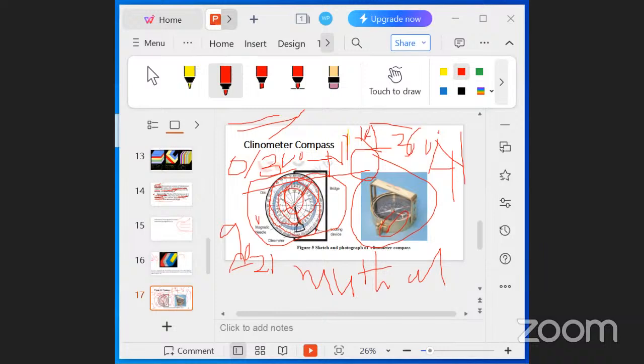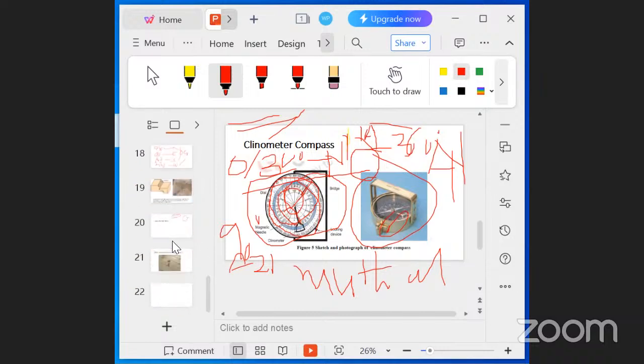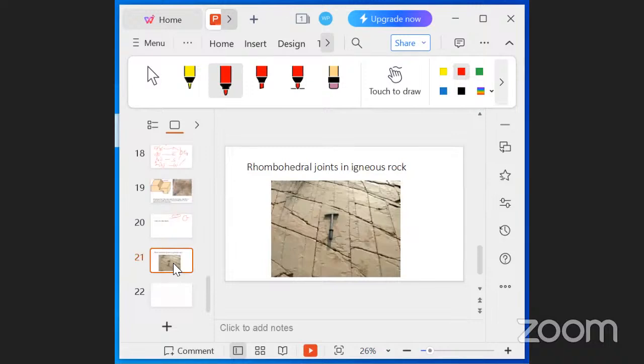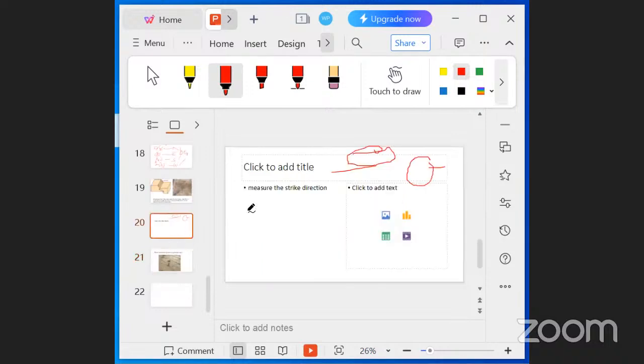Now, the societal benefits of studying structural geology. So what are the societal benefits?